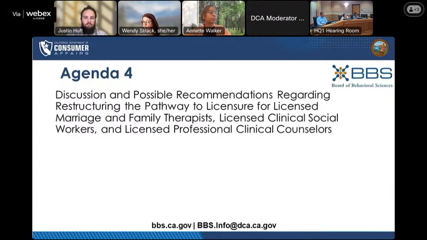Originally, back when this requirement was put in place, it was done for public protection purposes. The thought being that somebody should at least be trying to attempt the California Law and Ethics exam every year, so that they are familiar with California law and ethics while they're a registrant.